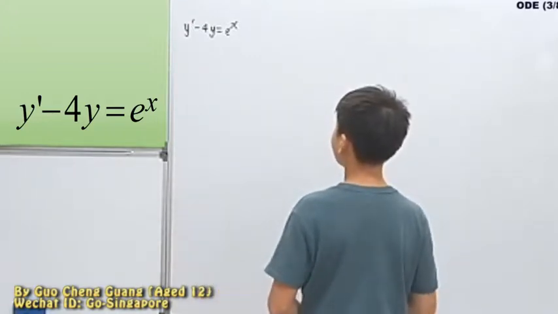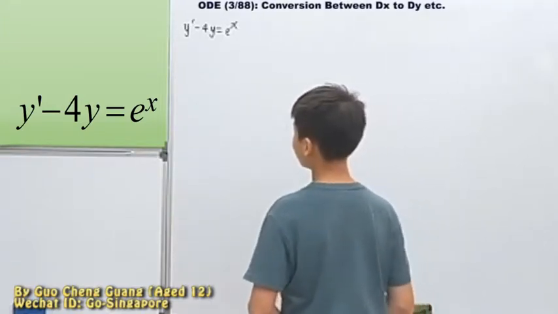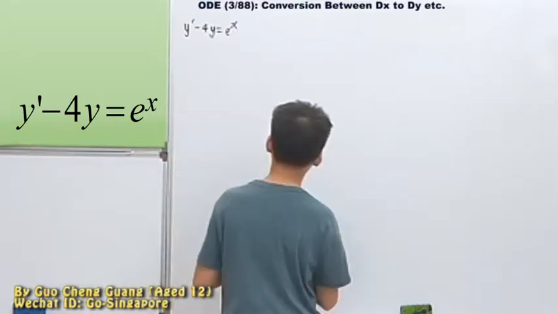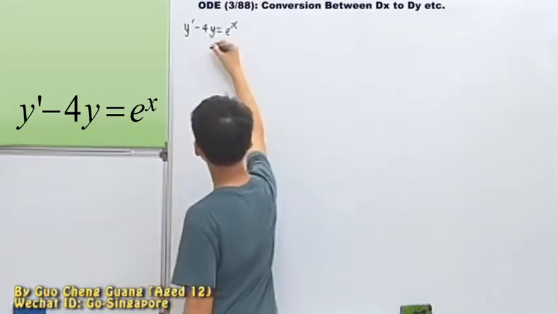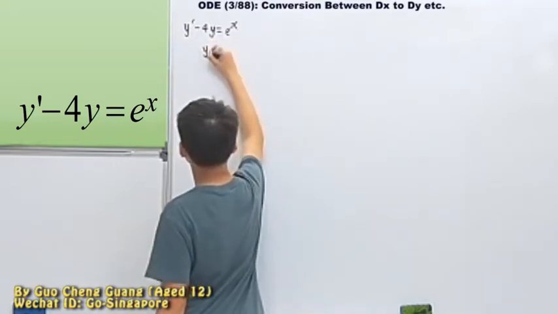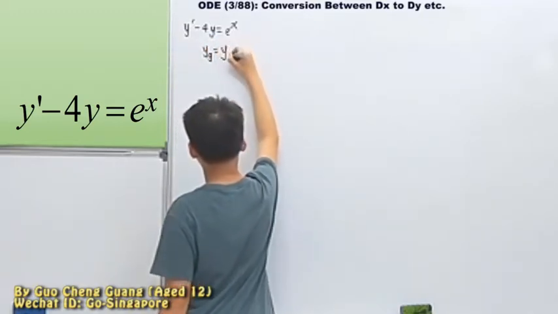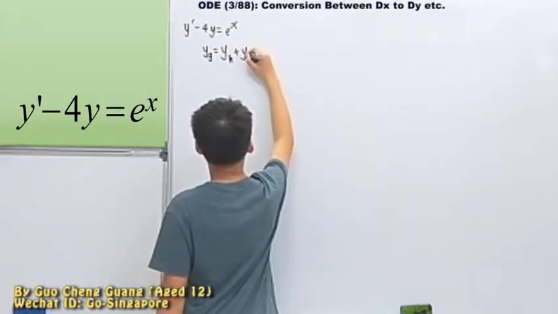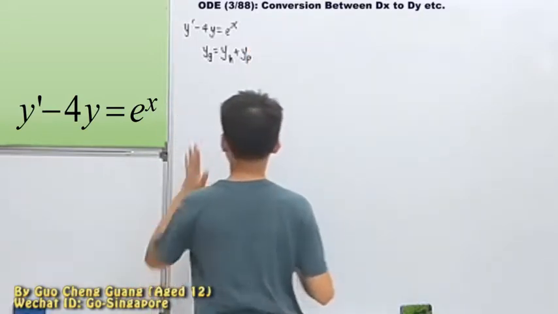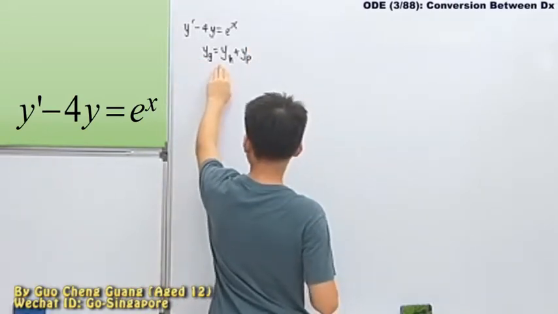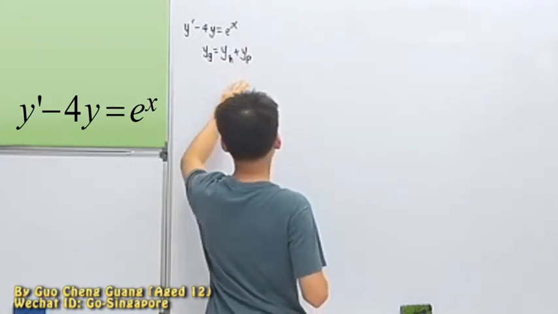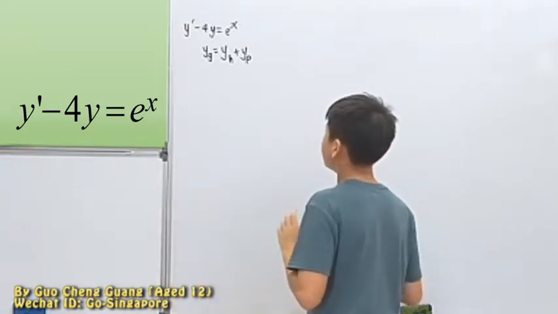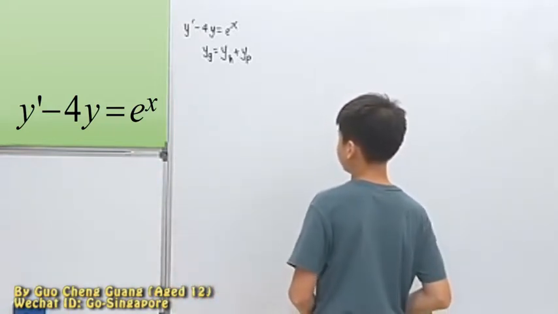What kind of method would we use? How about the method that we have used last time, which is, we split it into two different cases to consider. So this is yg equal to yh plus yp. Yg is the general solution for the non-homogeneous differential equation.